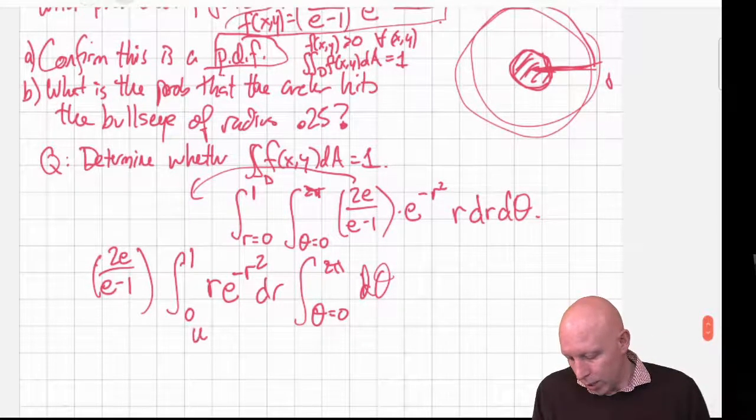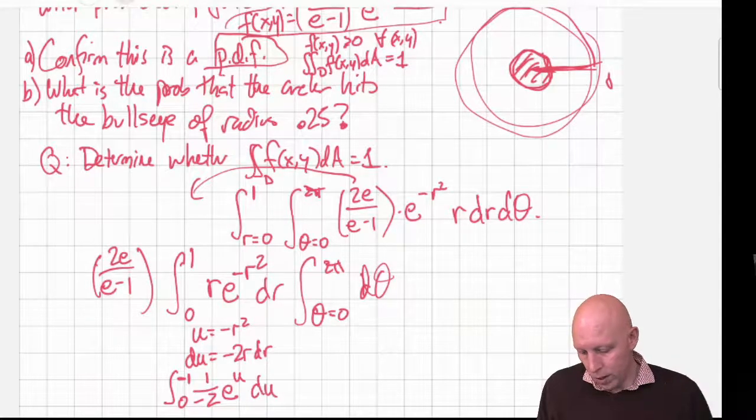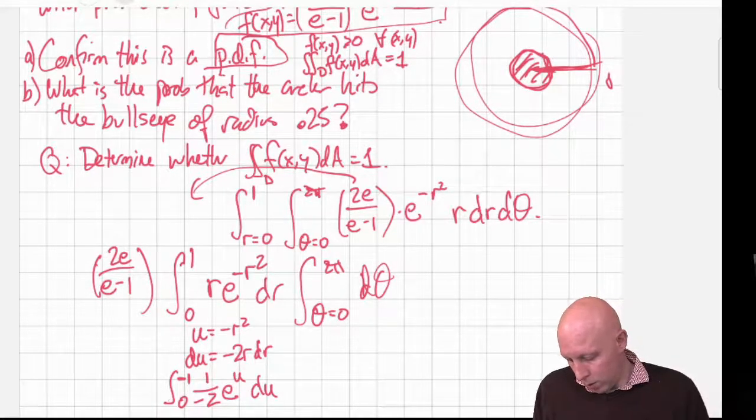If we let u be equal to minus r squared, du is equal to minus 2r dr. And so this becomes an integral from 0 to negative 1 of 1 over negative 2 times e to the u du.